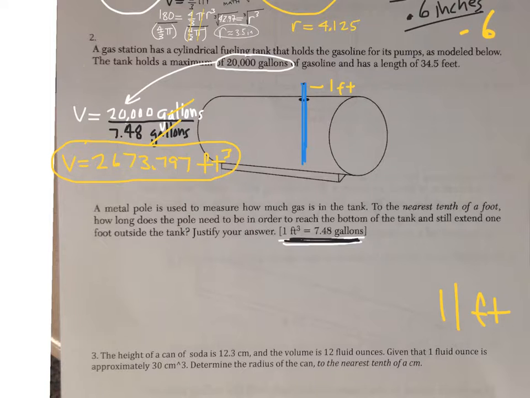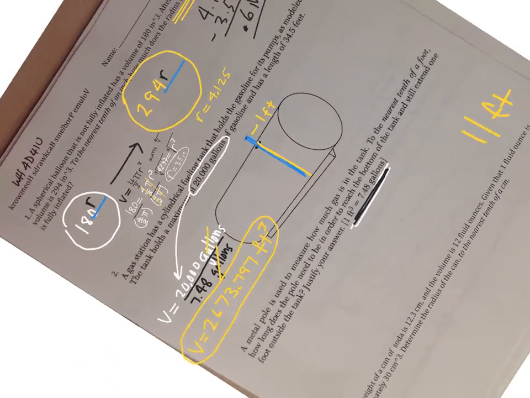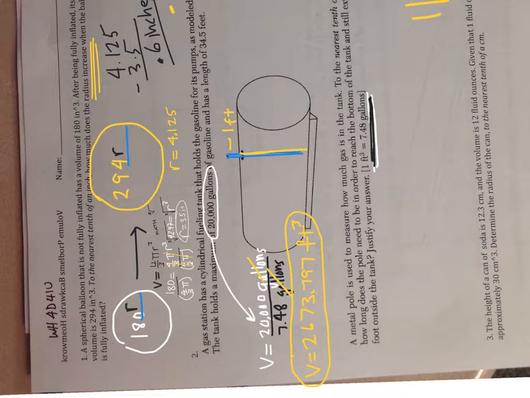And how about this part that's in the tank? What would that yellow line be called in the tank? Would it be the height of the tank, or would it be the diameter of the tank? Well, you might think height, but since it's a cylinder, the cylinder is considered to be having two bases that are the circles.